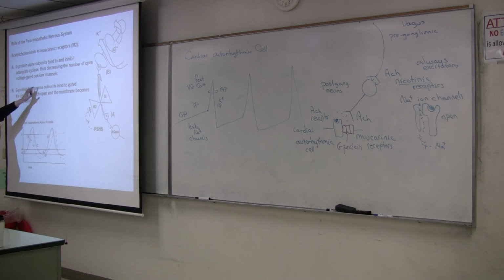The beta and the gamma subunits, which we haven't talked about doing much, are going to bind to voltage-gated potassium channels. They're going to open. And what does that mean? So the calcium channels are closing, not as many positive ions are coming into the cell. The potassium channels are opening. What are positive ions doing? They're going out. So we're trying to make the inside of the cell more positive, and yet we're losing positive ions.